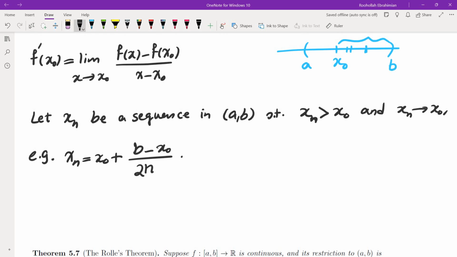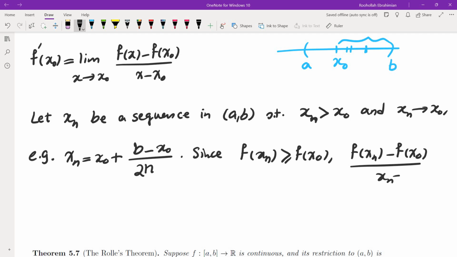Now, since f of xn is greater than or equal to f of x naught, f of xn minus f of x naught over xn minus x naught is going to be greater than or equal to 0.